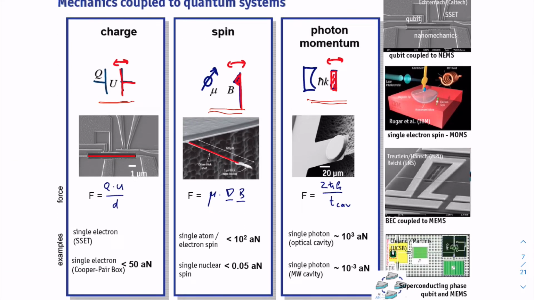To just give an example, or to remind you, we cannot directly transfer our information that is stored in a superconducting qubit or a circuit to an optical fiber, because we cannot couple it directly to light. What we can, however, do is couple the superconducting circuit or that qubit to a mechanical system, and that mechanical system then can be coupled to an optical fiber, and that optical fiber will carry away the information.